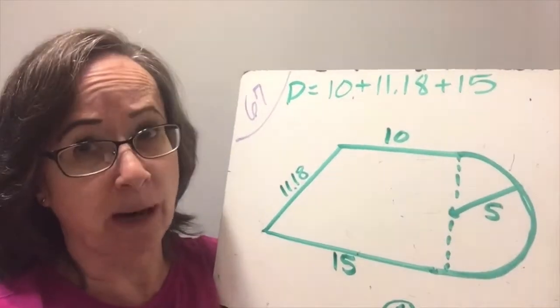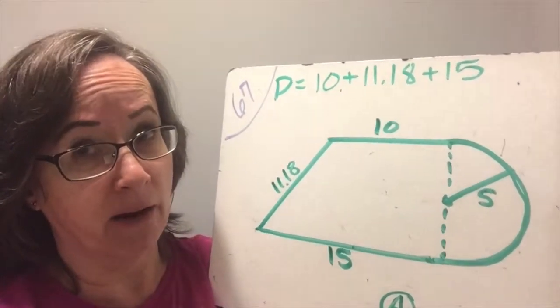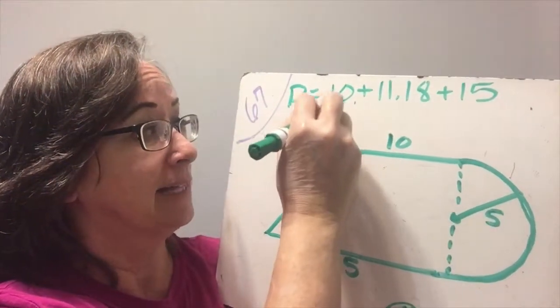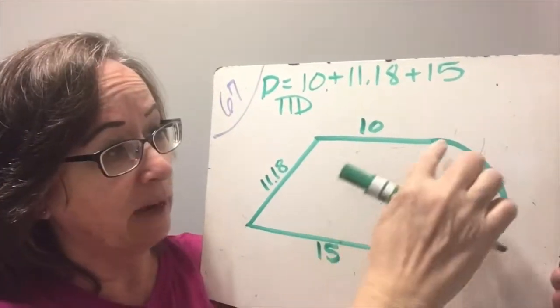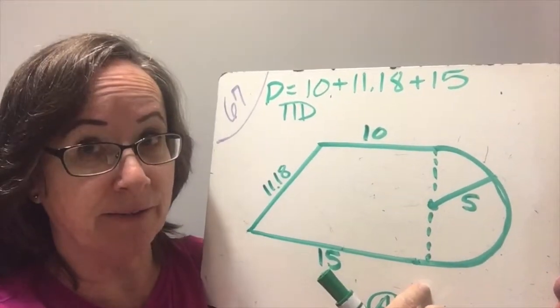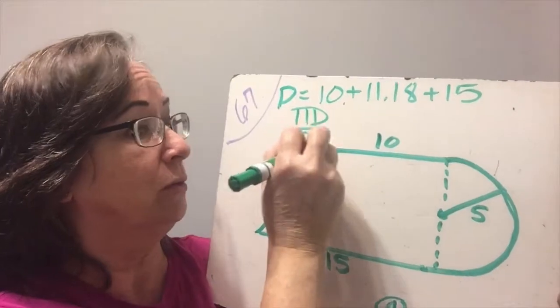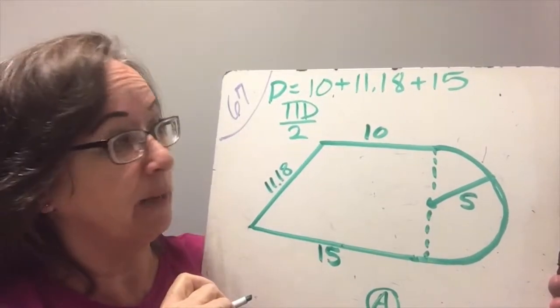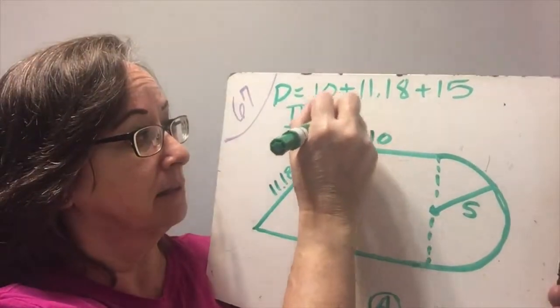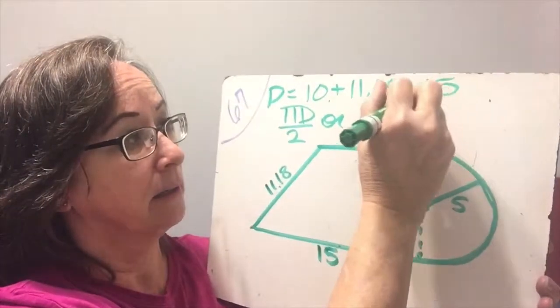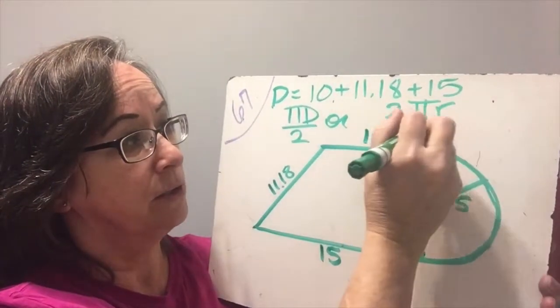So the circumference is 2 pi r, or pi d. That's the circumference of a circle, and we're only talking about half of a circle. So we would talk about pi d over 2, which is the same thing as 2 pi r over 2.